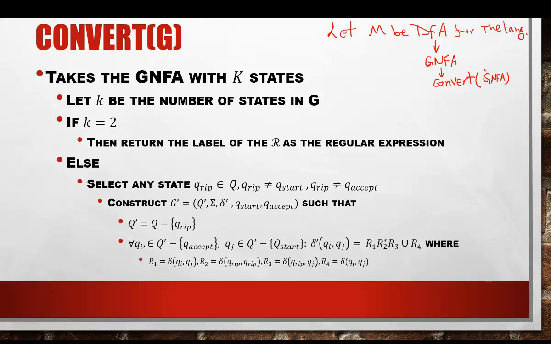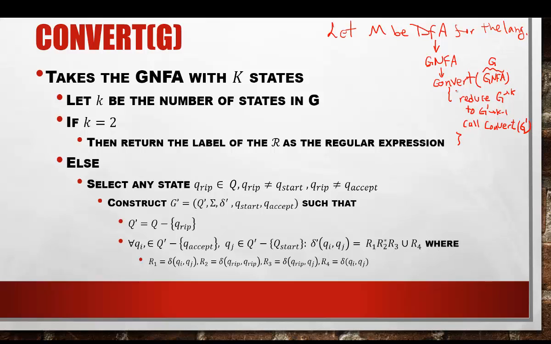Let's call this G. We pass this G, and the convert operation will call itself. It is going to reduce G to G prime. So if G had k states, reduce it to a G prime with k minus 1 states, and then call convert over G prime.